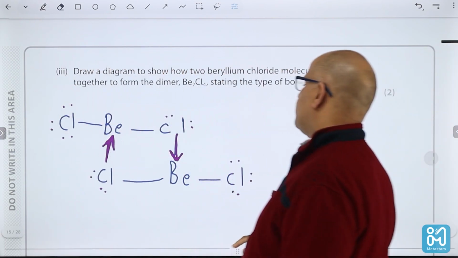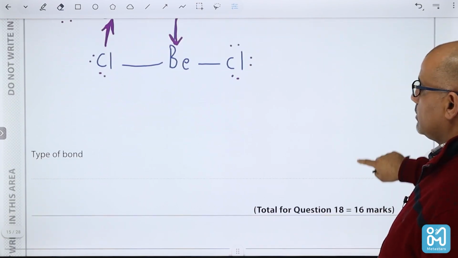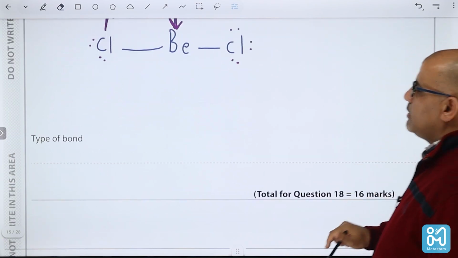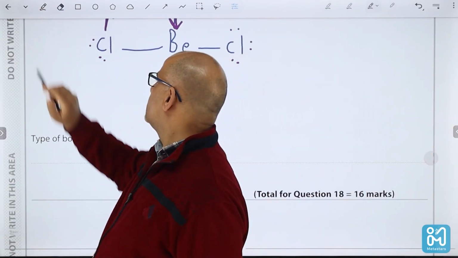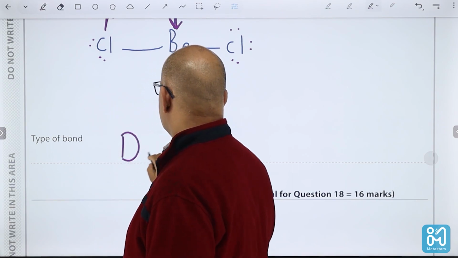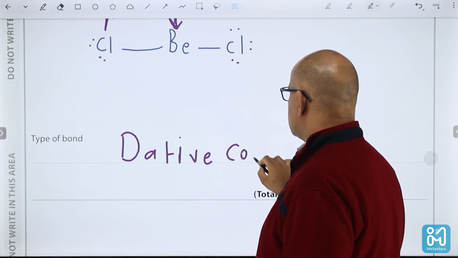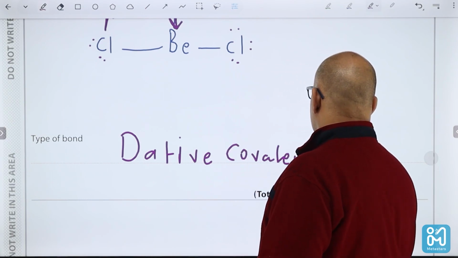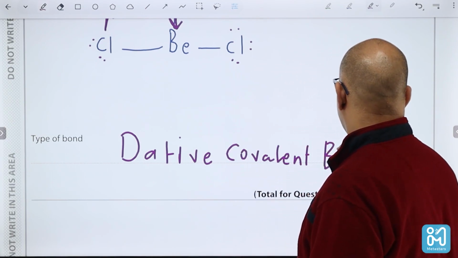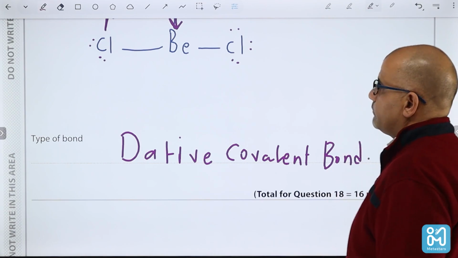That's the dimer. Type of bonding, as I told you, is dative covalent bond. Okay.